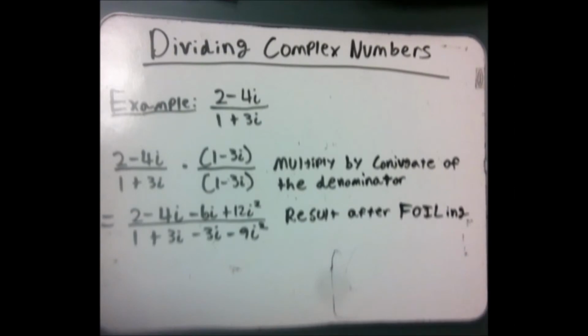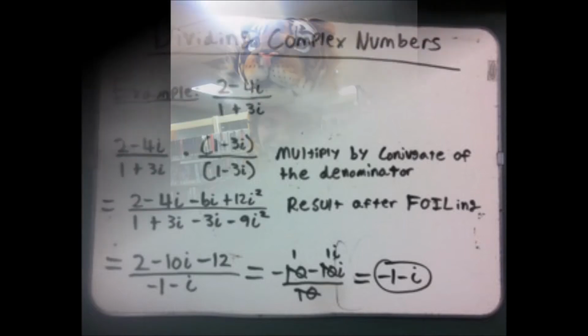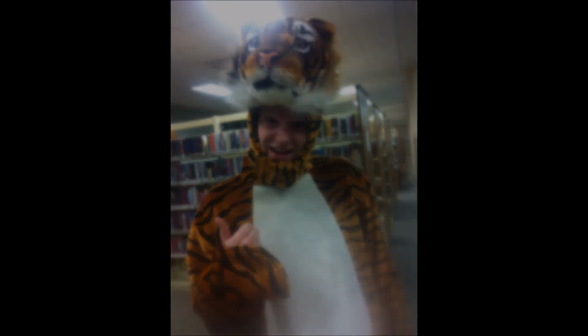After that, we distribute by FOILing. First, outer, inner, last. And after that, it's a matter of simply simplifying, and your answer should be -1 - i. And that makes you happy inside.